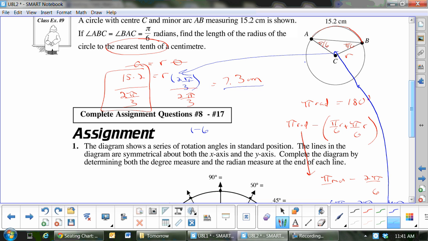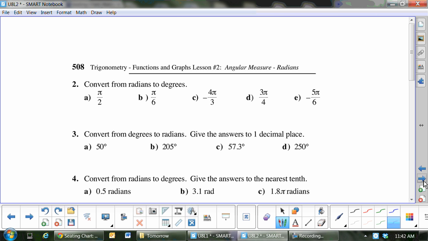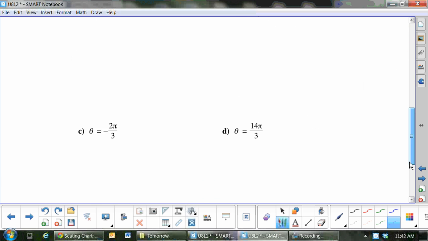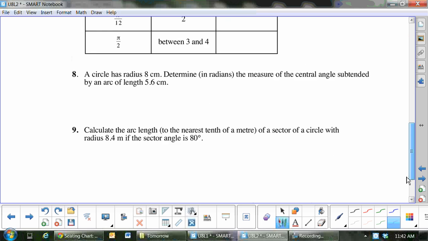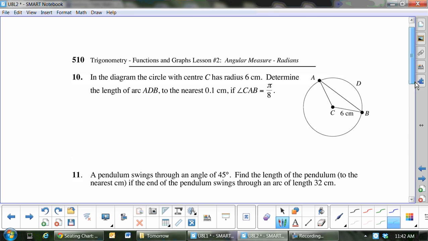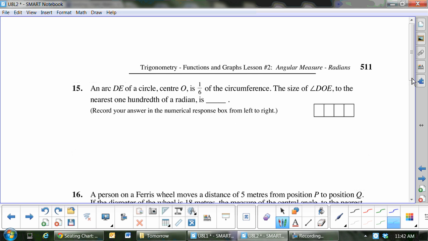So homework is 1 to 6, ACE, and 7 to 17. Now obviously you do not have to get this homework done tonight or whenever. What I do recommend though is that you try to get as much of your practice test done before Monday.